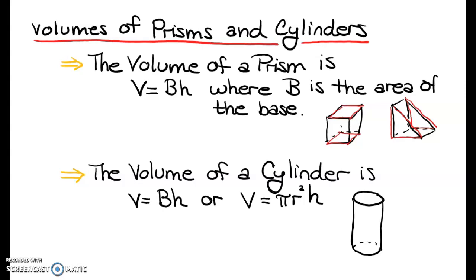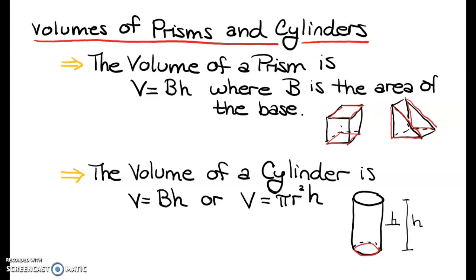So the volume of a cylinder has the same formula as the volume of a prism. It's still the area of your base, and here your base is circular, times the height. The height of the prism, for all of these, is the vertical or perpendicular distance between the two bases. So this is your height.